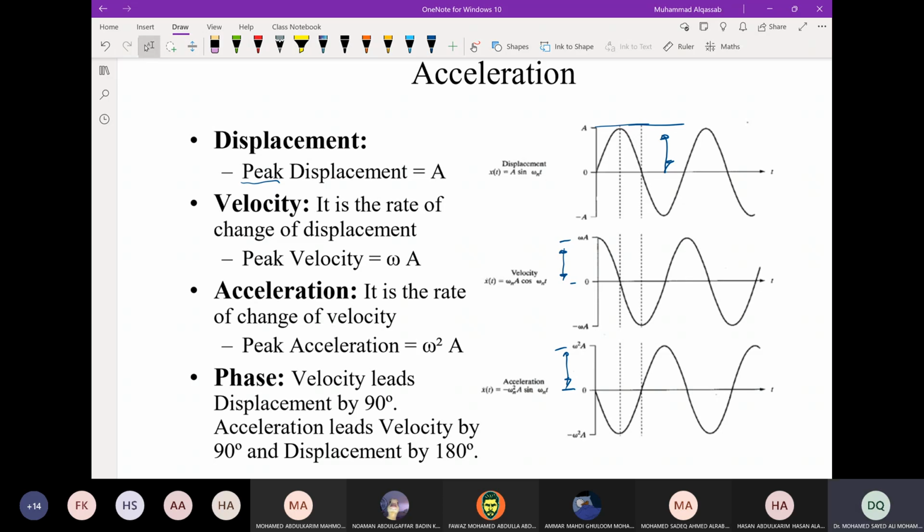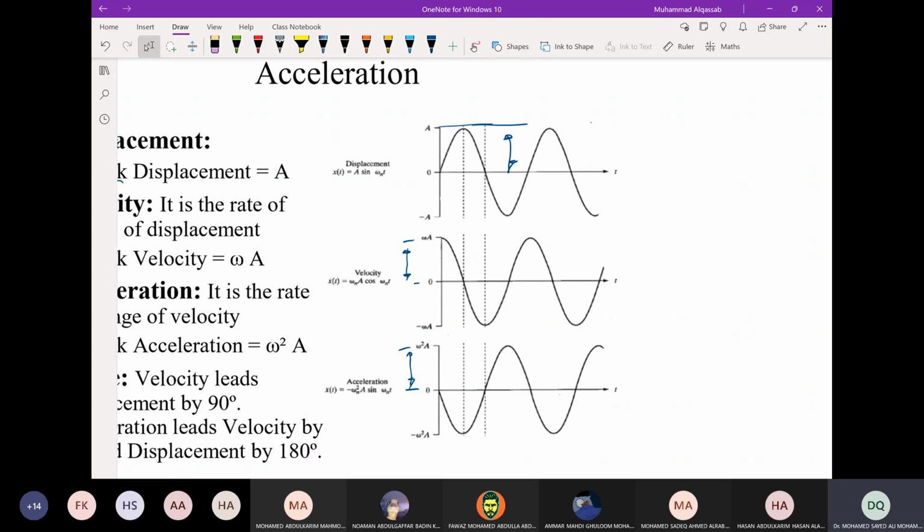Okay, so suppose we have omega equal to 100 radian per second. Then 100 squared is 10,000. So if A is 1 millimeter, then this will be 10 meter per second squared.